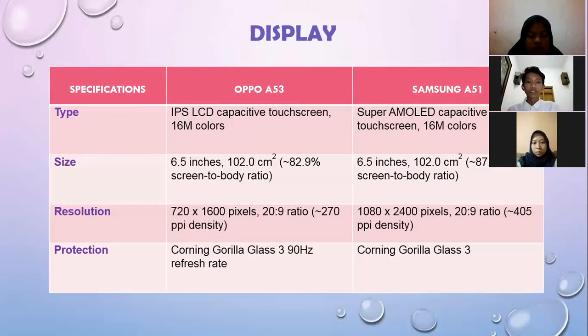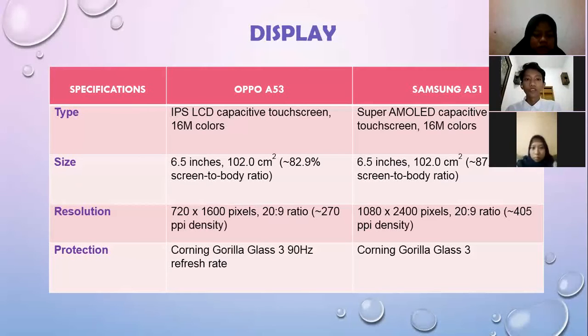Samsung is 1080 x 2400 pixels and 20:9 ratio. The resolution of Samsung is better than Oppo.